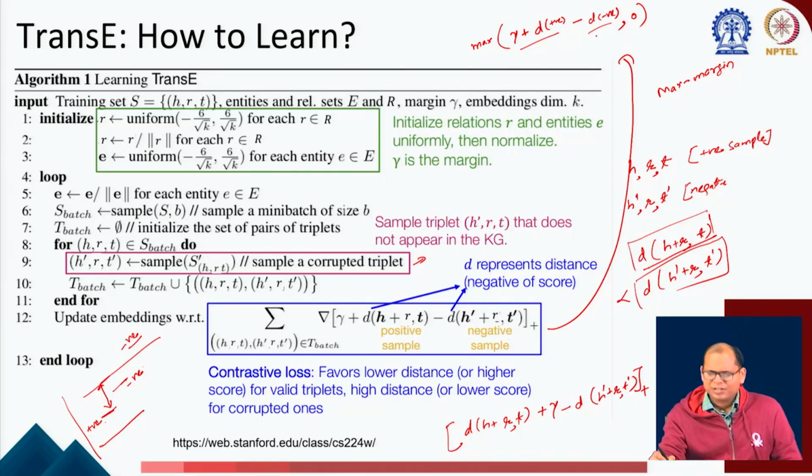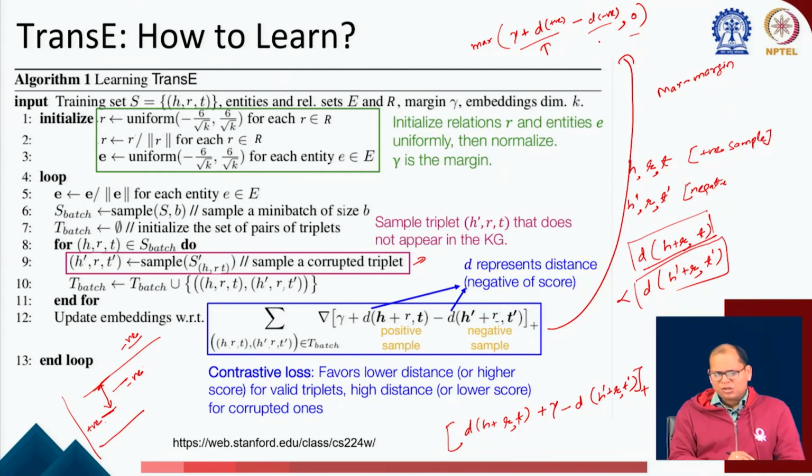But if it is less than 0, then you are already fine, since gamma plus d positive is already greater than d negative. So then you don't want to train, right. If the max is 0, you will not train, but if the max is a positive number, then you want to train, right. So that was the idea.